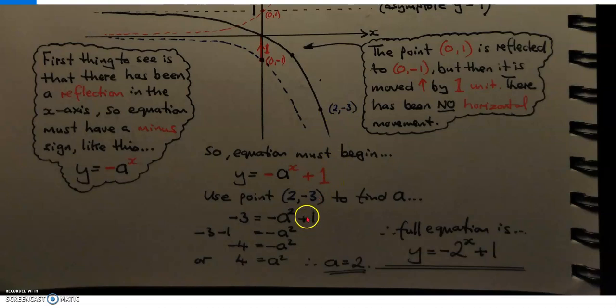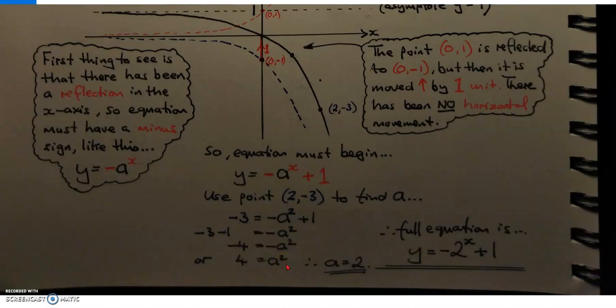And when you do that, you can write that the minus 3 is the y value, and the x is 2. And we take this plus 1 across the equal sign, it goes to minus 1. And so we get minus 4 equals minus a squared. Well, if we multiply both sides by minus 1, they both turn positive.